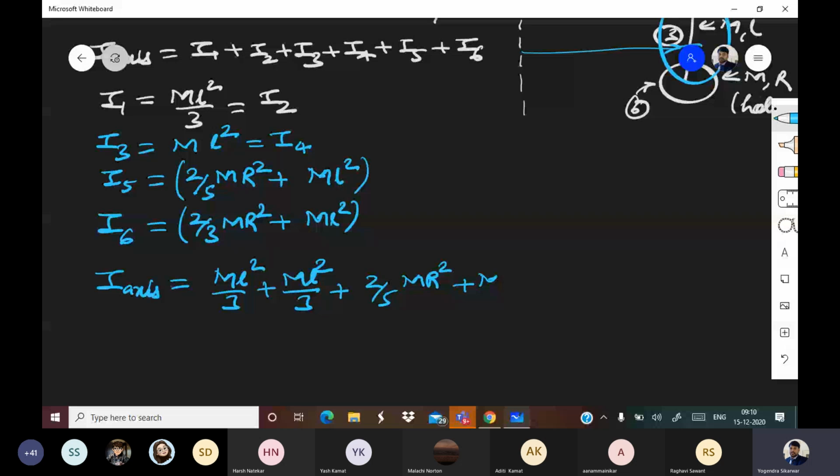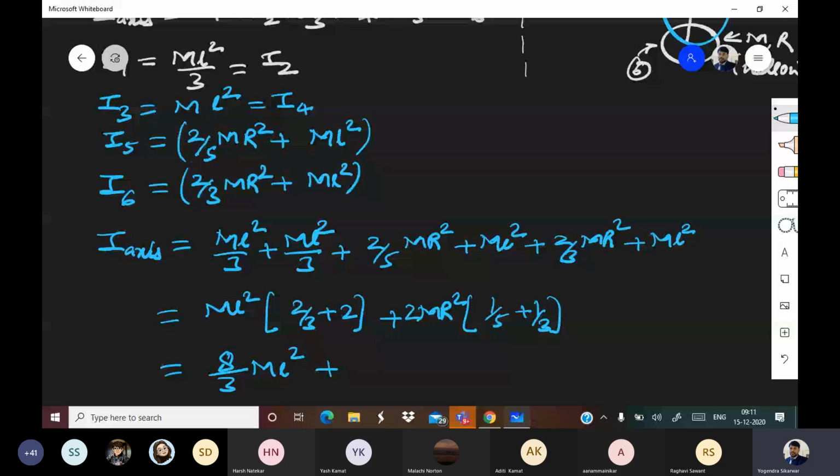Then mr square common; in fact, 2 can also be taken as common: 1 by 5 plus 1 by 3. That comes out to be 8 by 3 ml square plus, 1 by 5 plus 1 by 3 is 3 plus 5, 8 by 15, 8 into 2 will be 16 by 15 mr square.